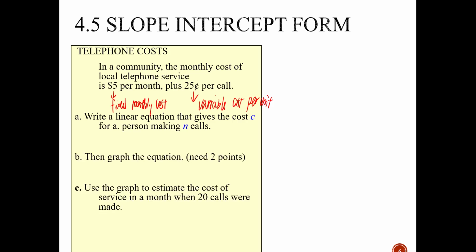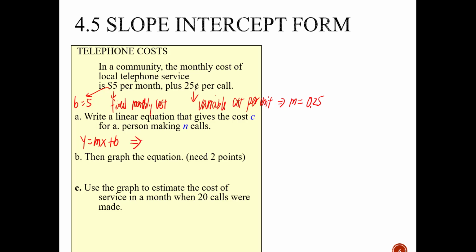Okay, so first of all, we know that the slope here, the variable cost per unit, is what we have for slope. So slope is equal to 25 cents, so it's 0.25. Okay. And then the y-intercept, this $5 is the y-intercept. So basically, we have slope and y-intercept. So y equals mx plus b.